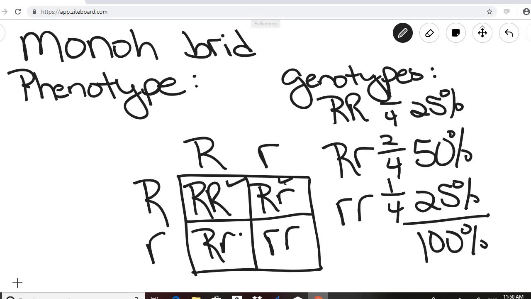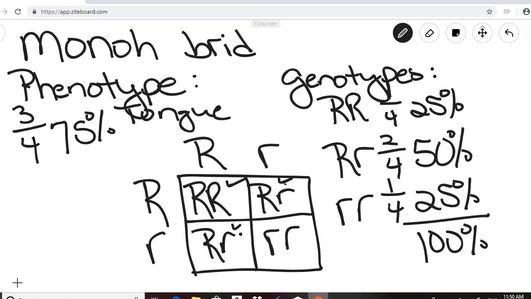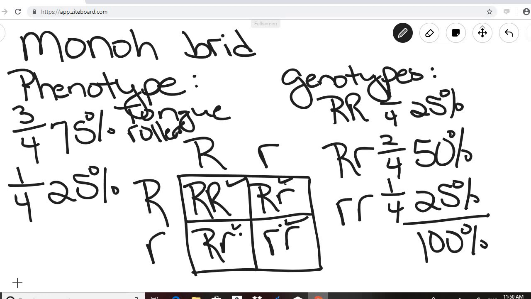So 1, 2, 3 out of 4, or 75%, would be tongue rollers. And 1 out of 4, this one, because that person just has the recessive alleles, 1 out of 4, or 25%, would be a non-tongue roller.